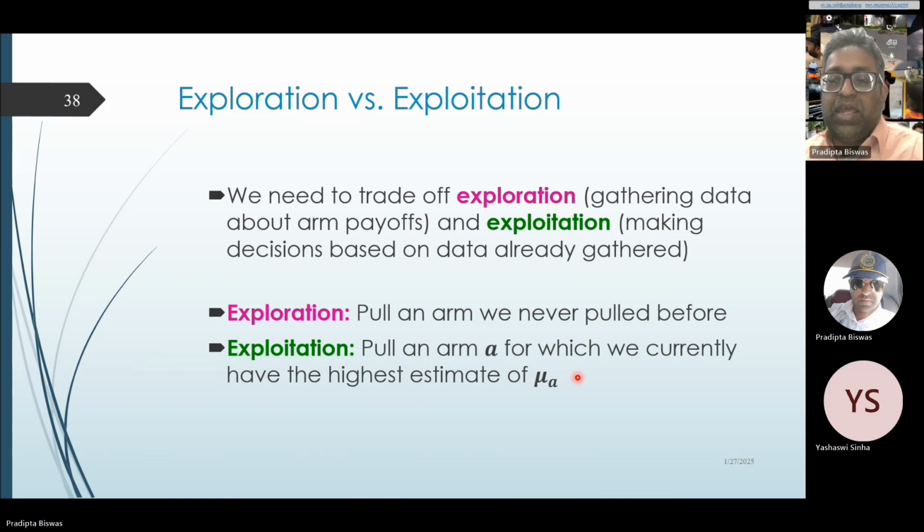But here, exploration means you pull an arm you have not pulled before, and exploitation means somehow you know that someone got a reward from that arm, so let me try my luck with that arm only. So exploration is pulling an arm we never pulled before, and exploitation is pulling the arm A for which we currently have the highest estimate of mu A.